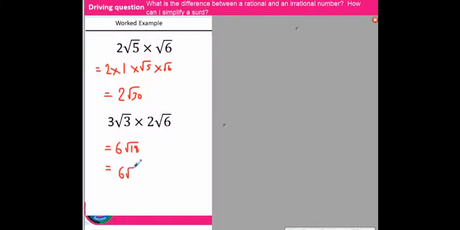We could change that to root 9, root 2, which gives us 6 multiplied by 3 root 2, because the square root of 9 is 3, root 2 stays as root 2, which gives me 18 root 2.